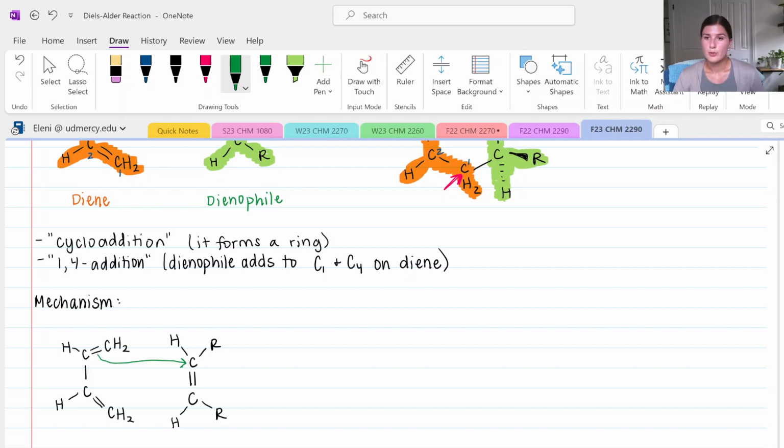Now that would produce too many bonds to the dienophile carbon, and so the pi electrons on the dienophile will create a new bond to carbon 1 of the diene. Let me number these. And then lastly, the pi bond in the diene between carbons 1 and 2 will shift to produce a pi bond between carbons 2 and 3.